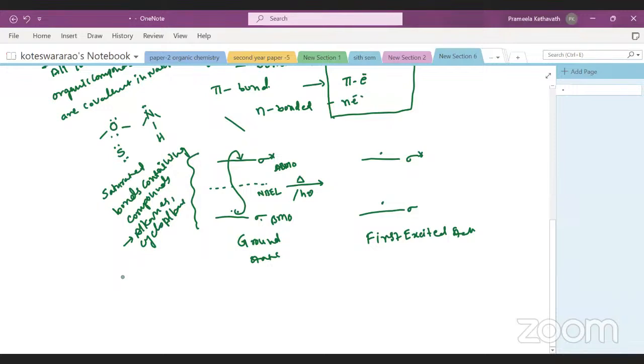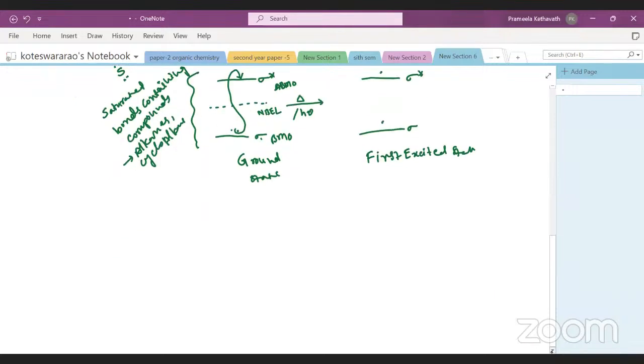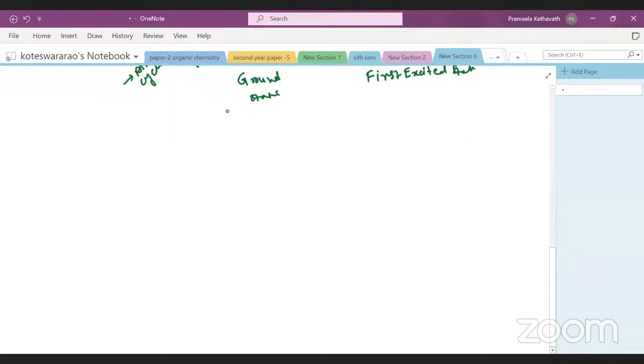In these cases, we are generally seeing sigma to sigma star electron transitions.